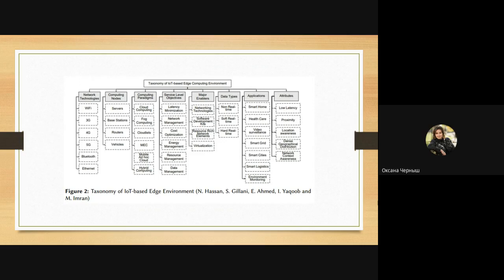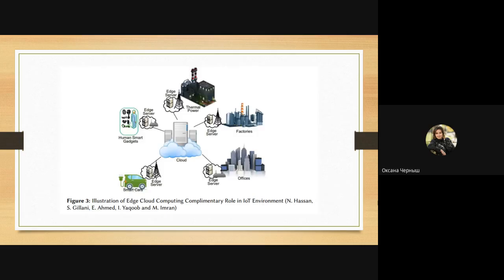They propose a layered model for the delivery of Internet of Things services based on cloud edge, as well as the taxonomy of the edge environment based on the Internet of Things. Moreover, the researchers provide a clear illustration of cloud computing's complementary role in the Internet of Things environment.